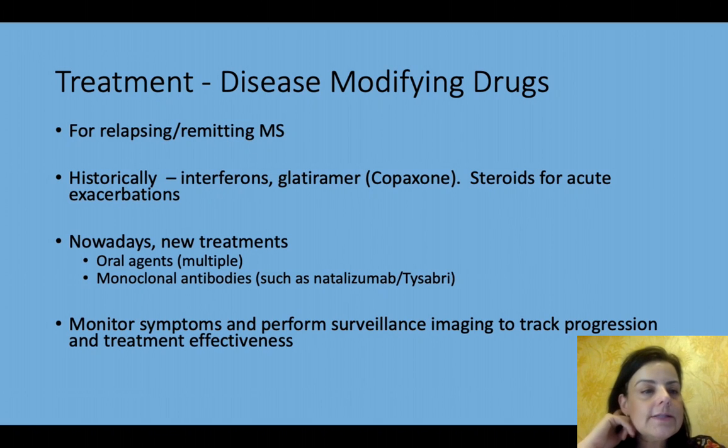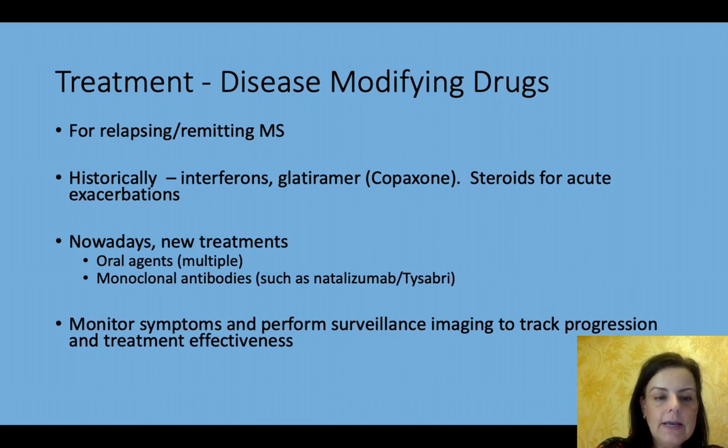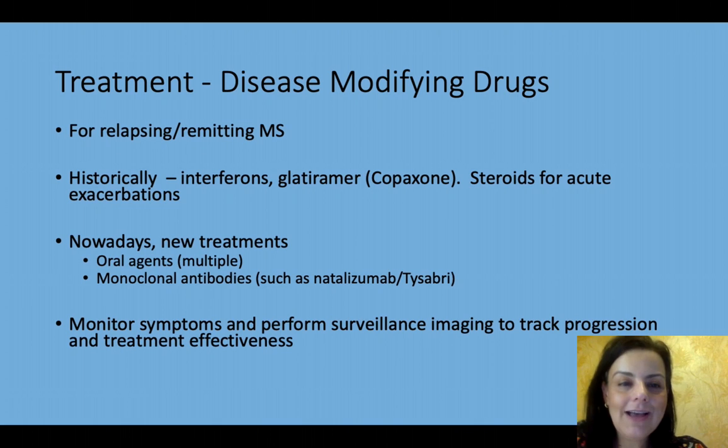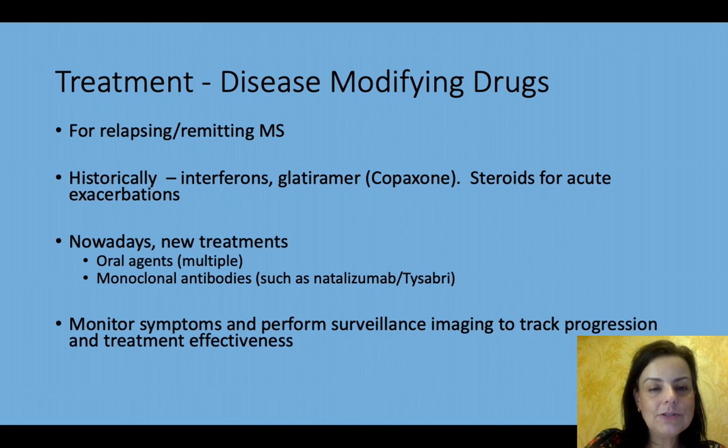So how do we treat it? For relapsing and remitting MS, which is the most common variant and probably the one you should focus on the most, it's probably enough for you to recall that there are some other kinds of courses of multiple sclerosis, but by far the most common is the relapsing remitting.